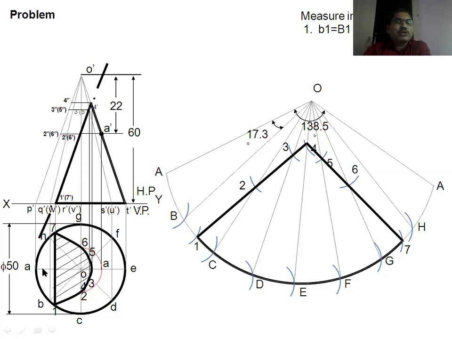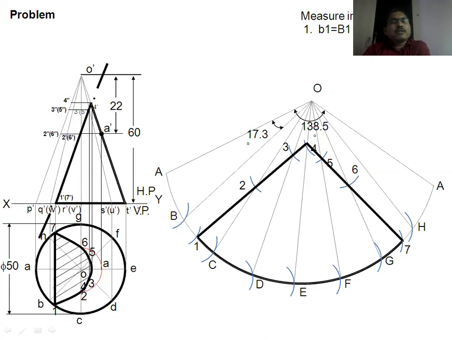Now take this point 2'' and 6'' below here, and with this radius from O, you transfer the 2 and 6 points. Okay, then the next points are 3' and 5'. They are again not on the true length of the generator.